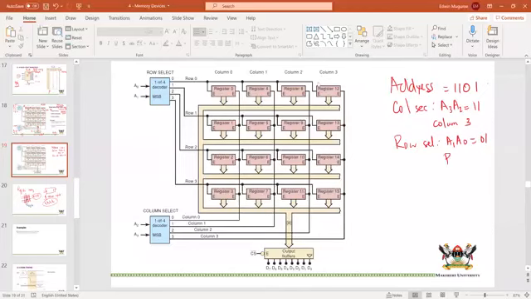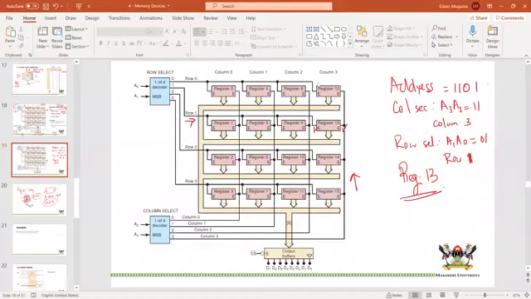So we select row 1. Remember, our rows start from 0. So if I'm looking at column 3, I'm looking at this line, and row 1, I'm looking at that line. The intersection is the one that you know, so enable here and enable there. That means I have got register 13.